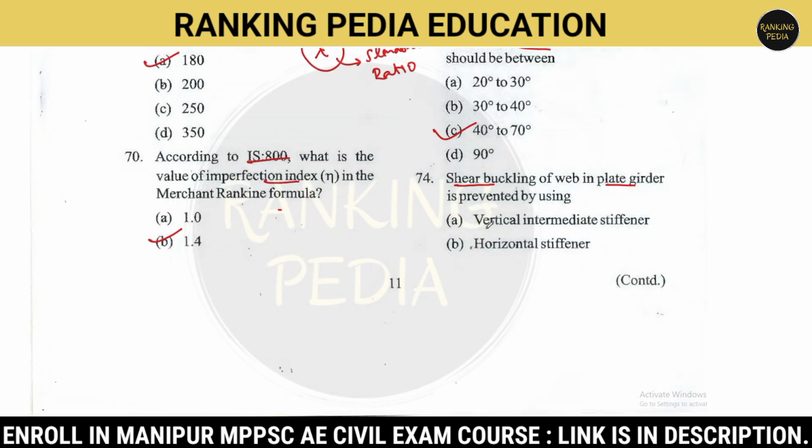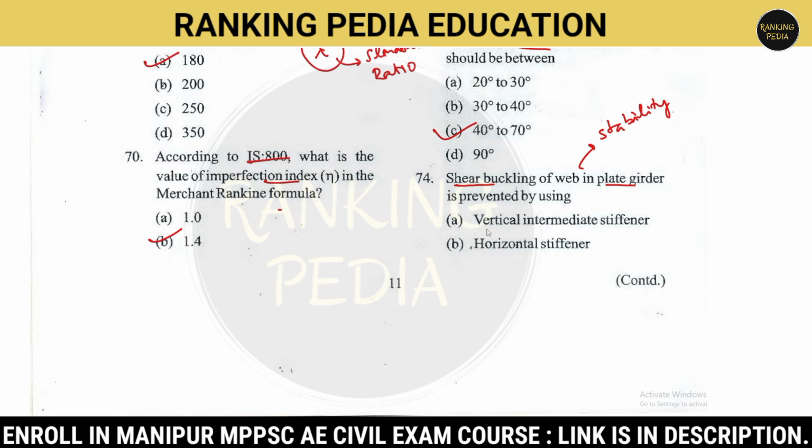Shear buckling of a web in a plate girder is prevented by using which kind of stiffener? In a plate girder, the thin web is susceptible to different types of buckling. Stiffeners are used to provide stability and also increase the load carrying capacity of the web.